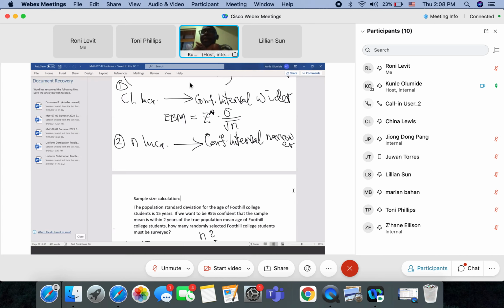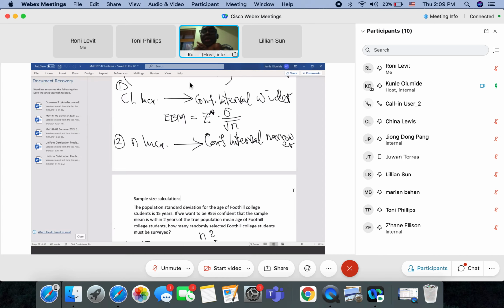Now, it's not just years. It's something measured in years, but it's not just years. What is it? We're given the population standard deviation. And what is the notation for that? Sigma, right?